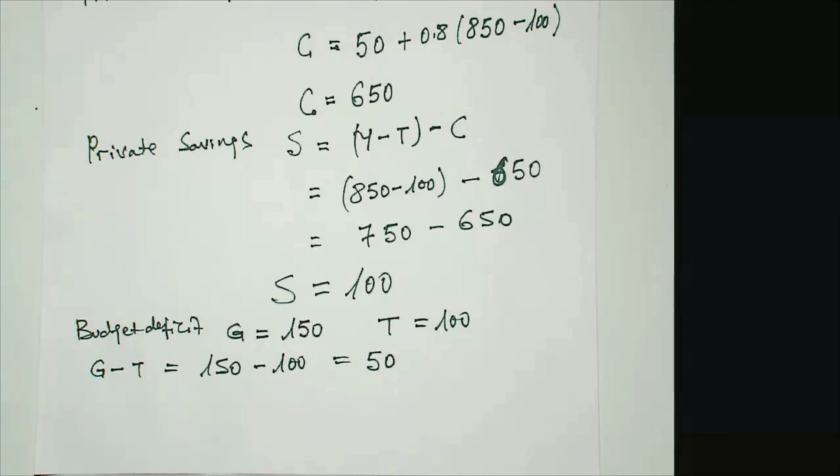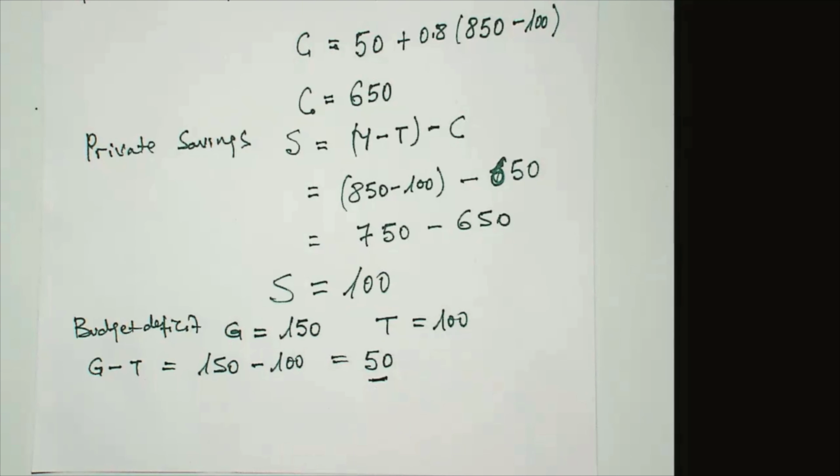So here, as a different scenario to our first scenario, the government needs some sort of financing to cover this 50 euro budget deficit. So we have seen in the savings scenario that the households are saving 100 monetary units. So there exists a budget deficit of 50 units.